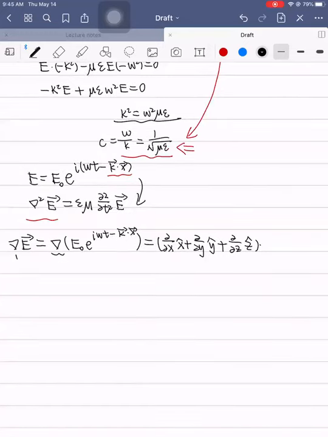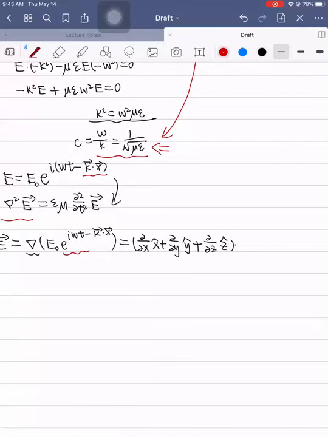Since this Nabla operator is only with respect to space, so only with respect to x, this time term can be treated as a constant.